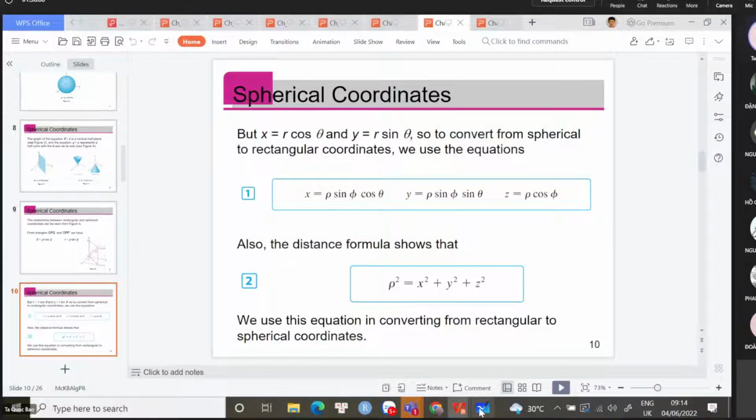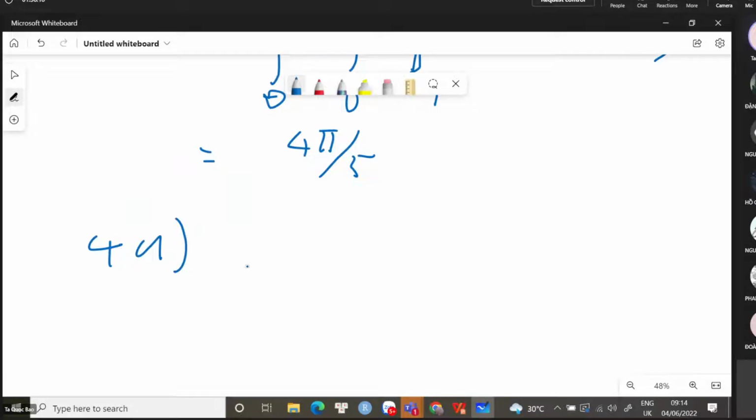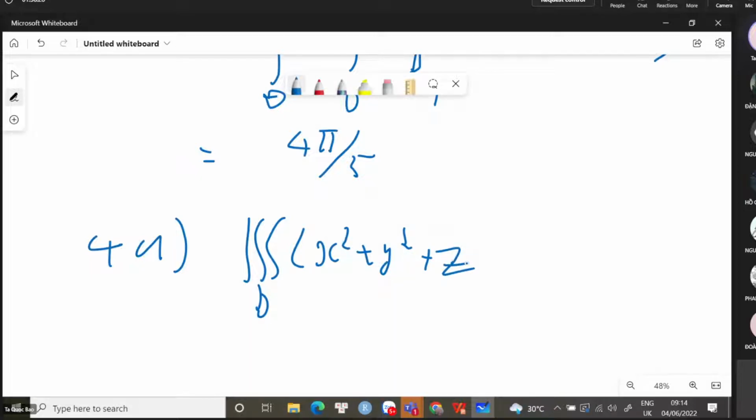Okay, this sphere. So now using these spherical coordinates, then we have the integration of x power 2 plus y power 2 plus z power 2 to the power 5 over 2.